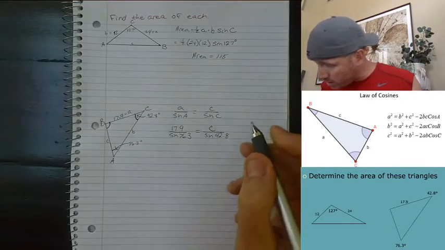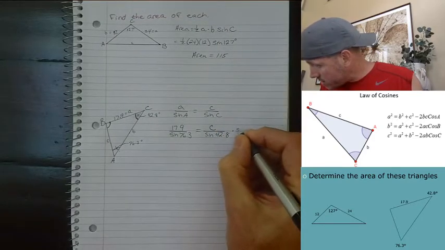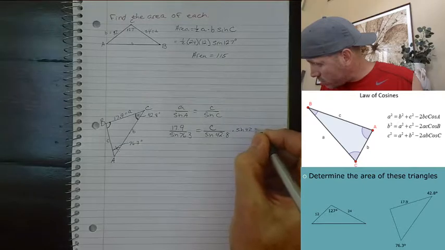We need to go ahead and multiply both sides by sine of 42.8.